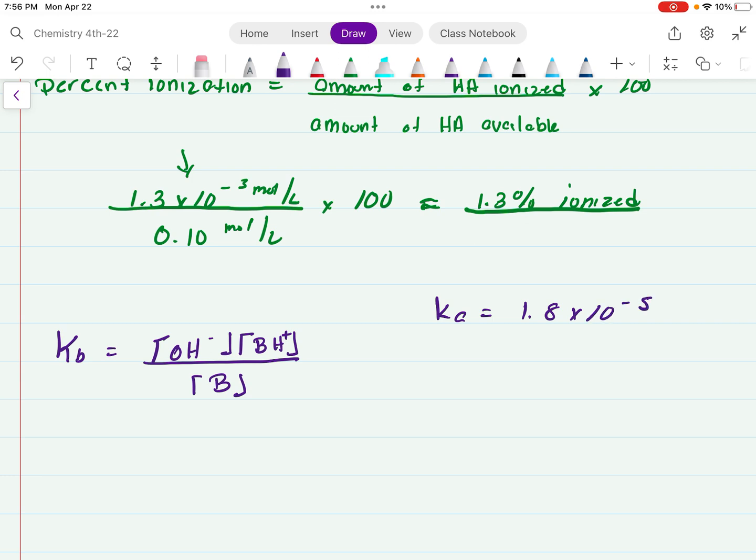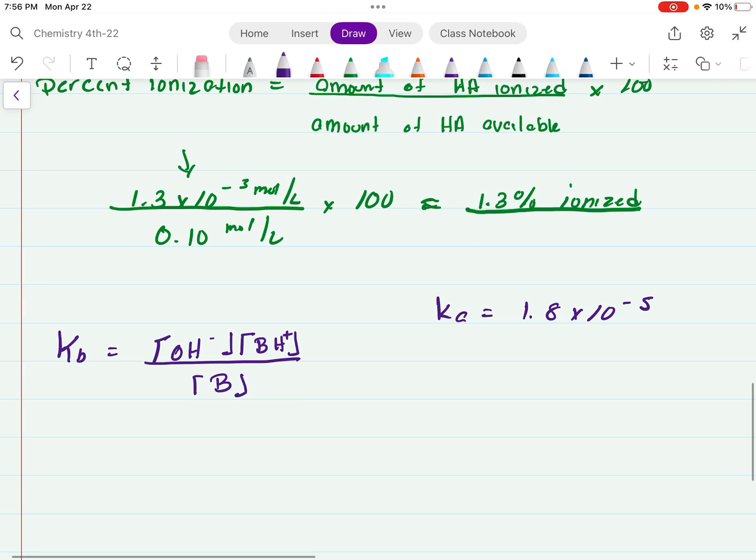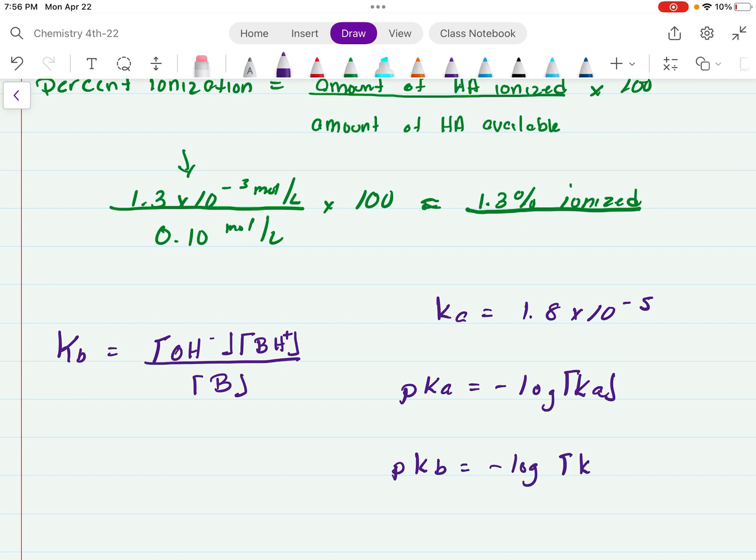So just like we calculate the pH by taking the negative log, the pKa is the same thing as saying the negative log of the Ka value of an acid. The pKb is the same thing: you take the negative log of the Kb of a base. And this is what we're going to continue next class time.